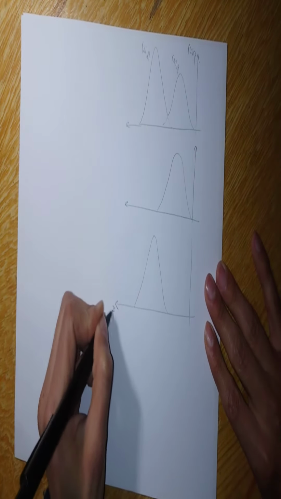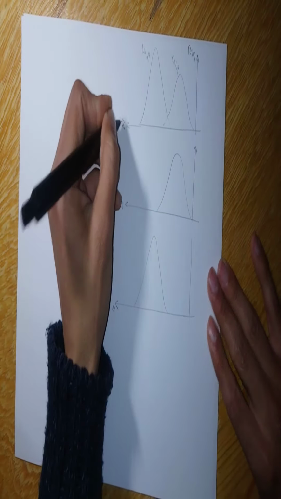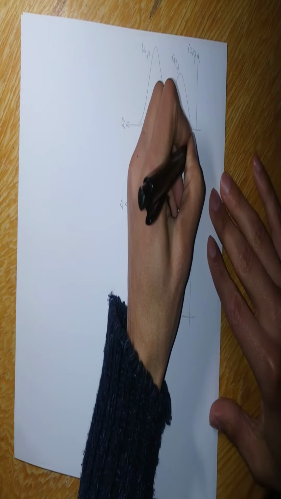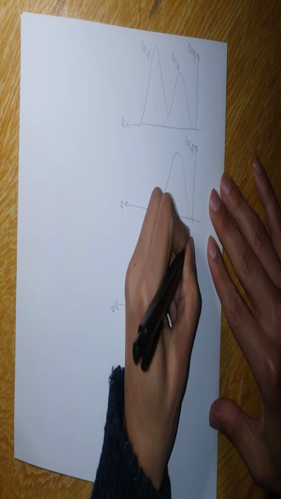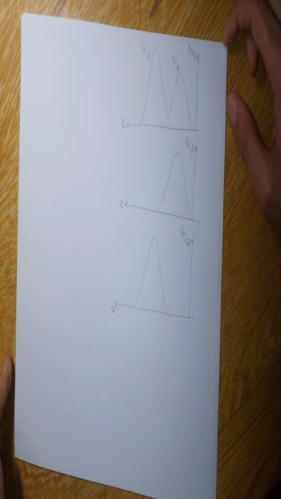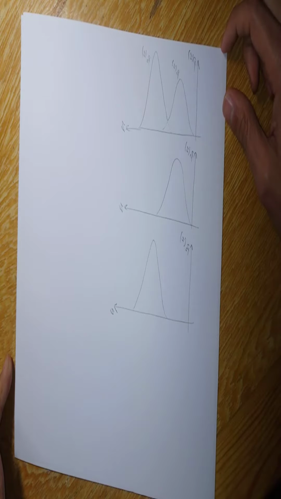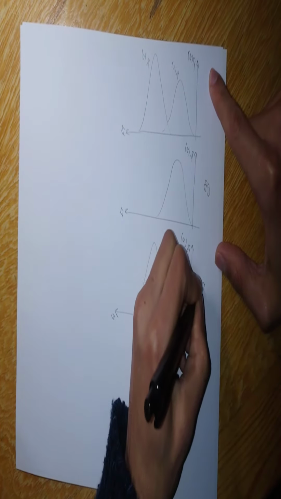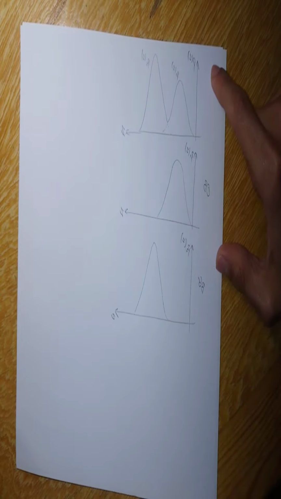Okay, so this is the z-axis, which represents the intensity level. This is P1(z), and this is P2(z). So to make things clear, I'm going to assume that this distribution here is associated with the object, and this is associated with the background.